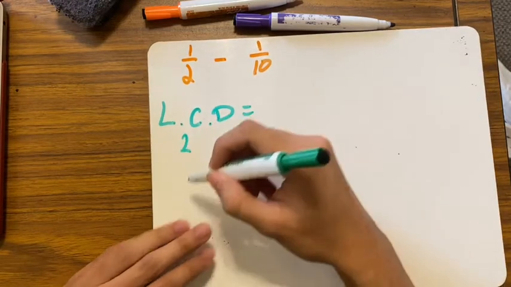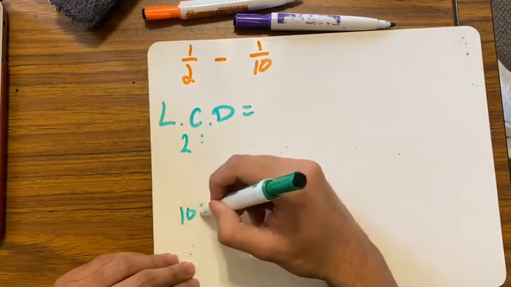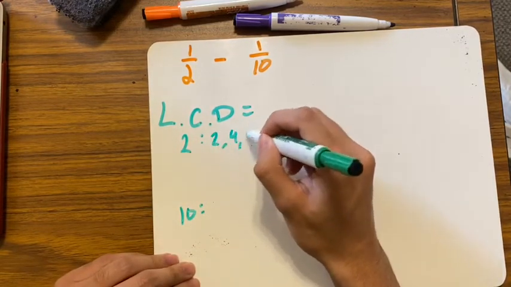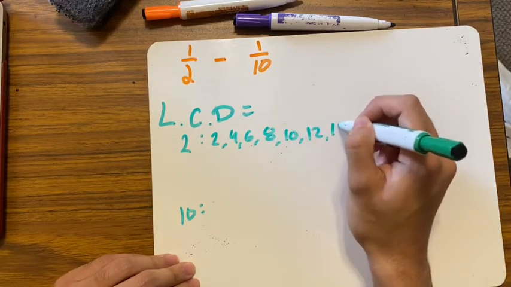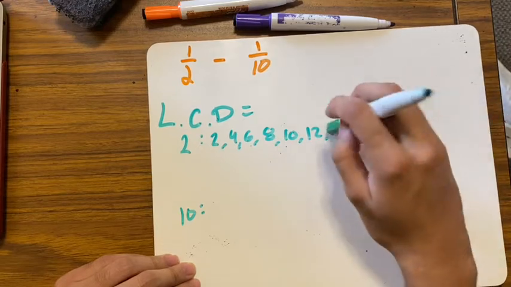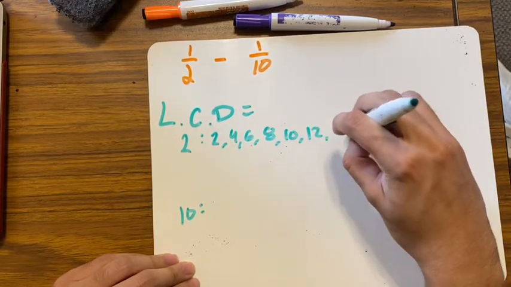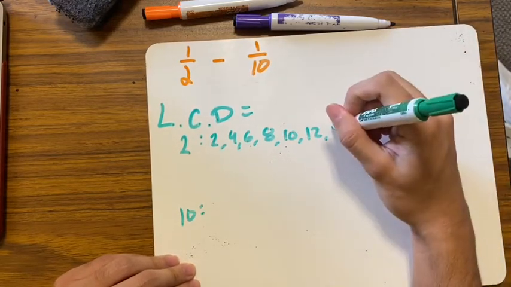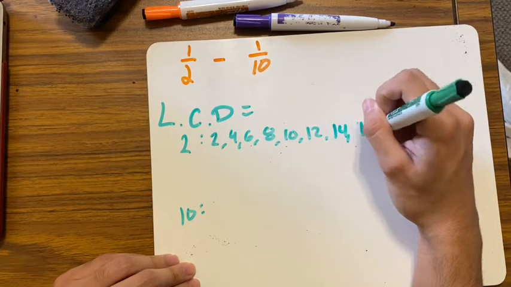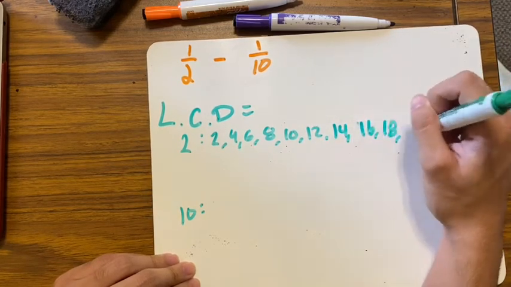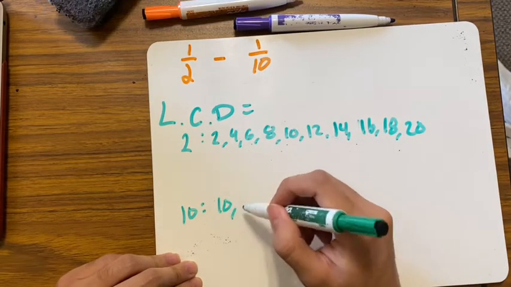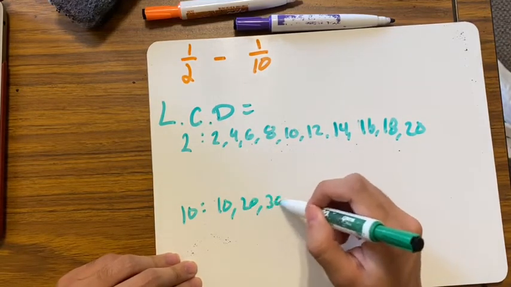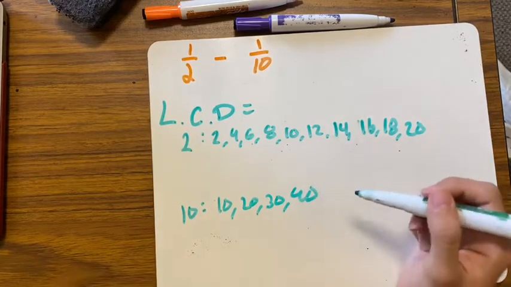I have 2 and then I have 10. 2, 4, 6, 8, 10, 12, 14. And skip count by 10. 10, 20, 30, 40, and we'll stop right there.